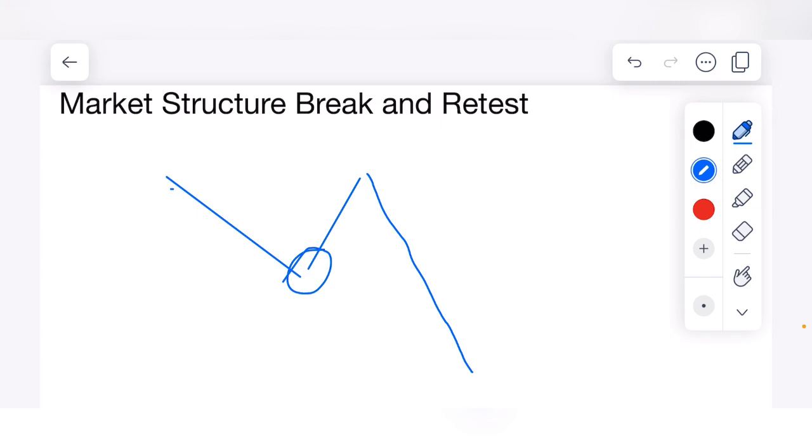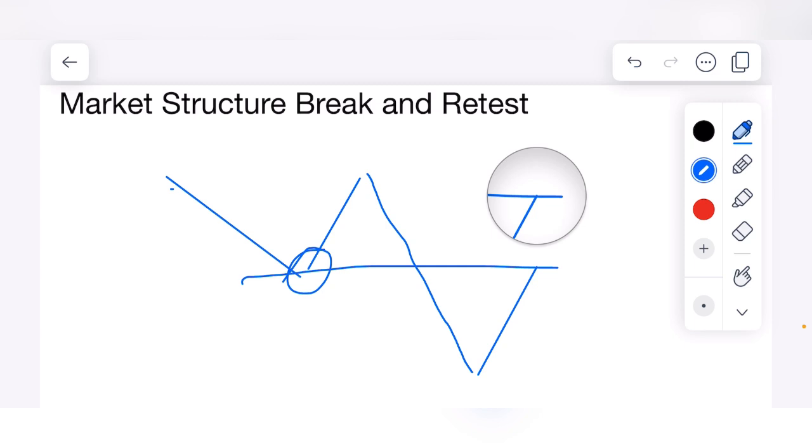So what I will do is wait for the market to break the lowest point and then wait for the market to come back to that point that got broken. That is where I'll be looking for sell opportunities. That is where I'll be looking for a trend continuation, which is in a downtrend. So this is how this strategy works.